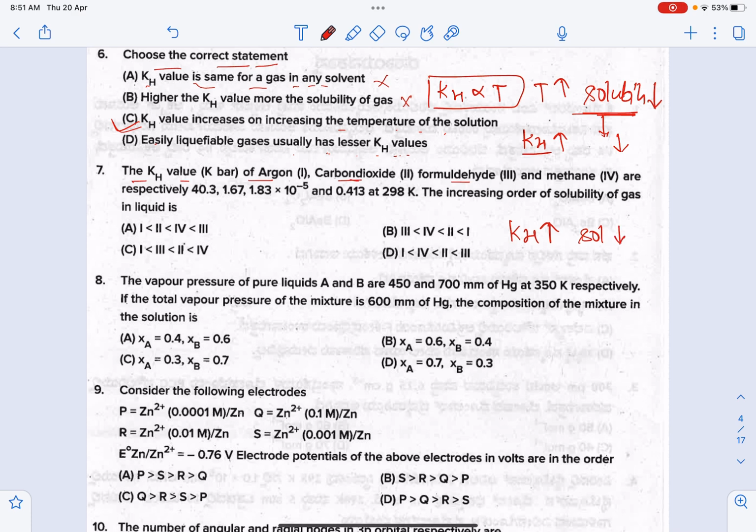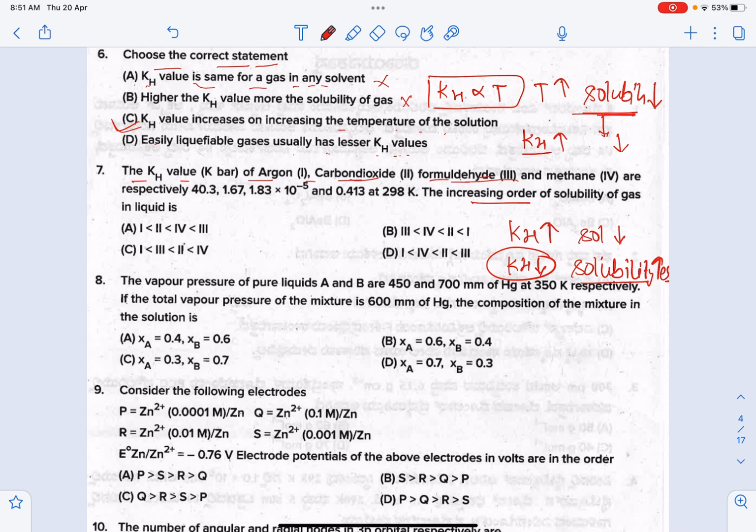So whatever compound or element has a low value of Kh, their solubility will increase.